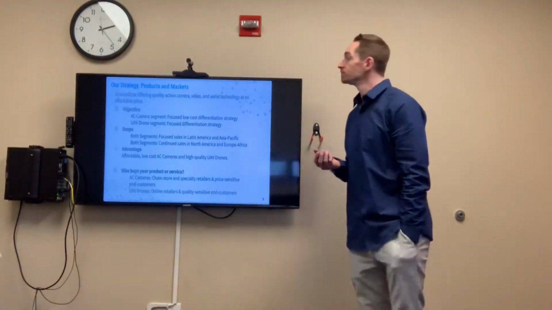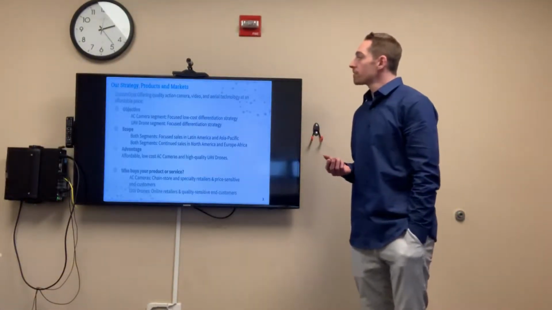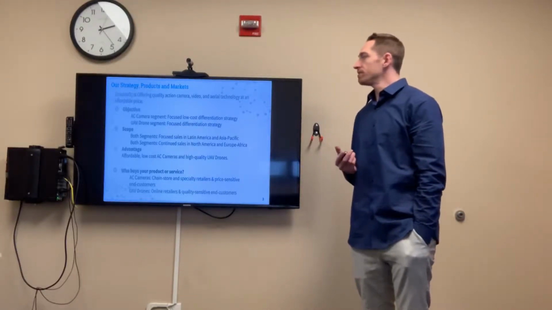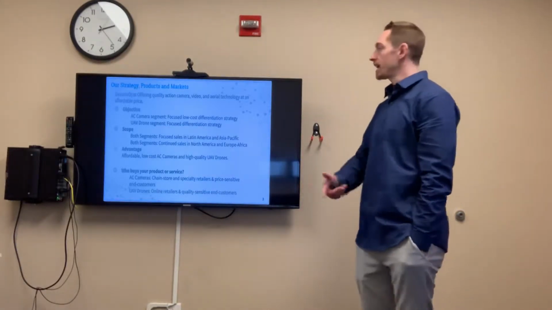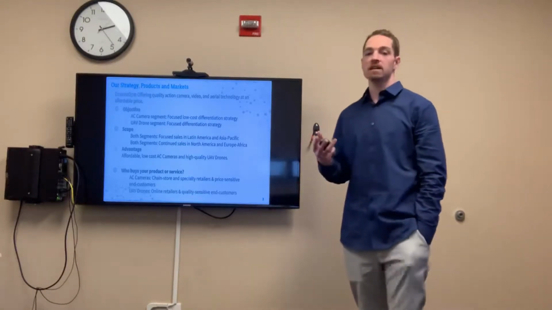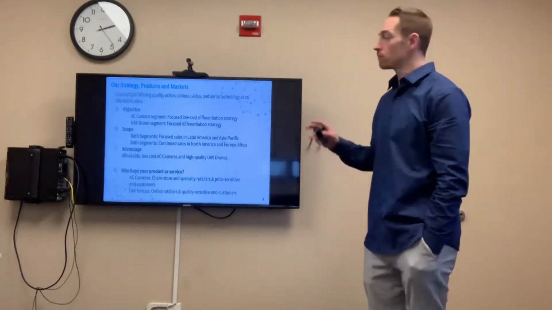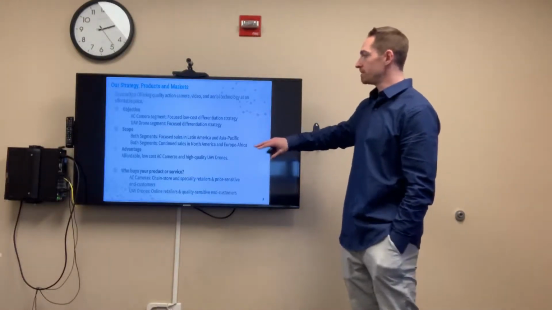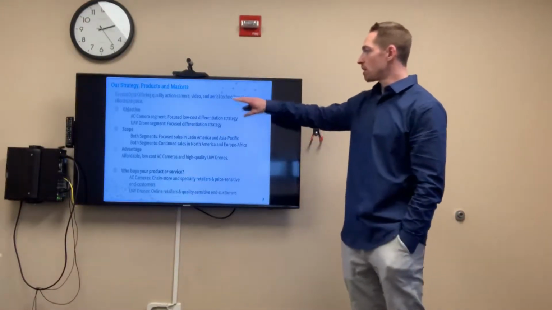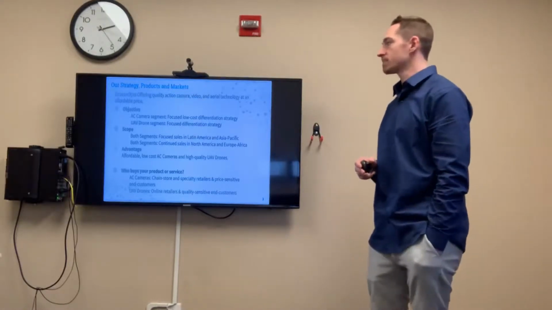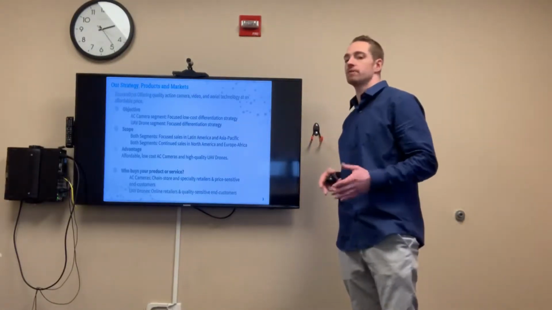So, our strategy: BeaconOps offering quality action camera, video, and aerial technology at an affordable price. That is our strategy in statement form. But broken down, we have objective, scope, and advantage. Our objective for our AC camera segment was to have a focused, low-cost differentiation.